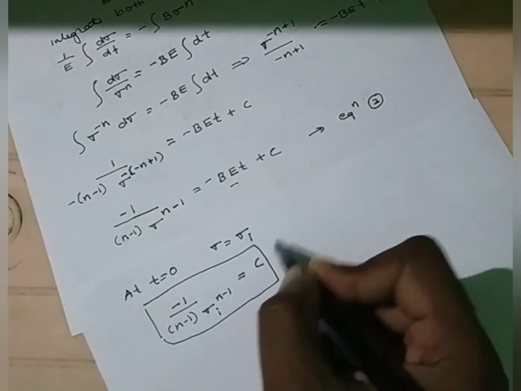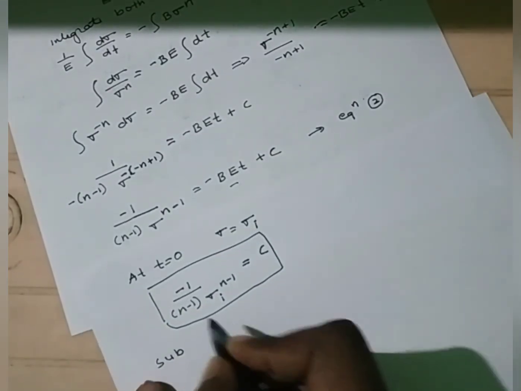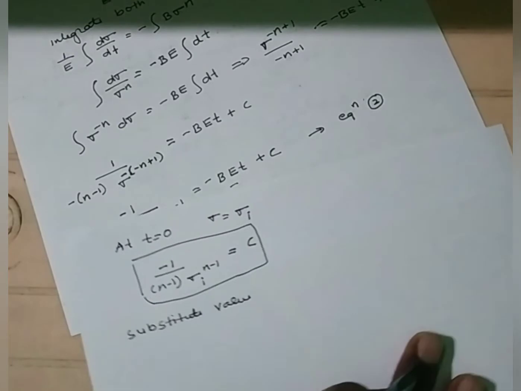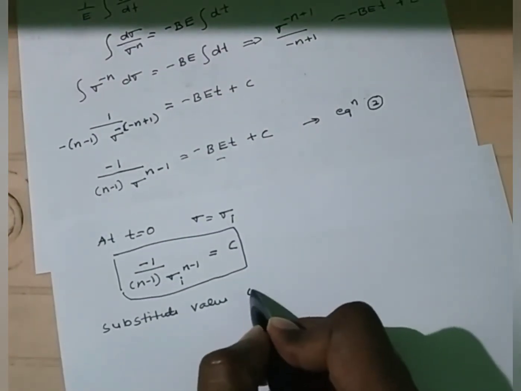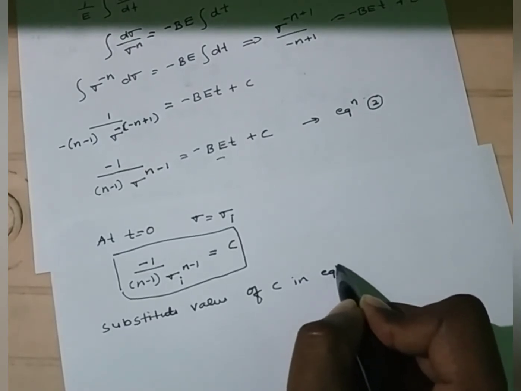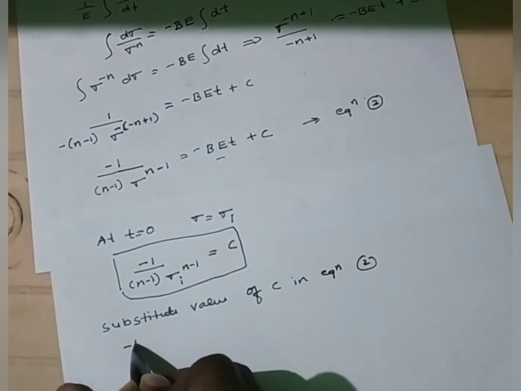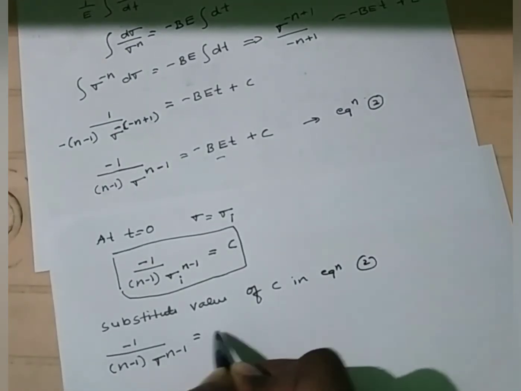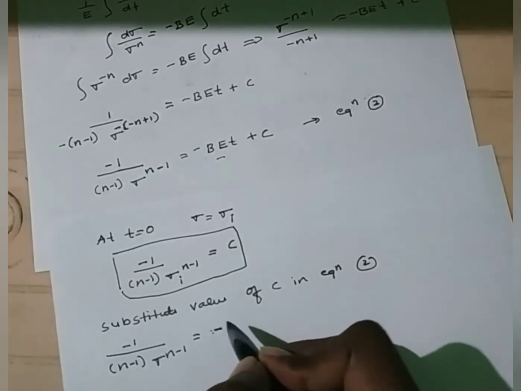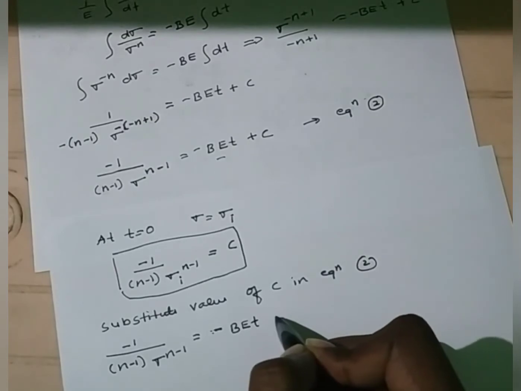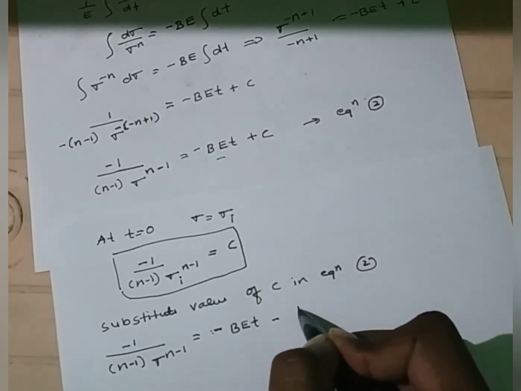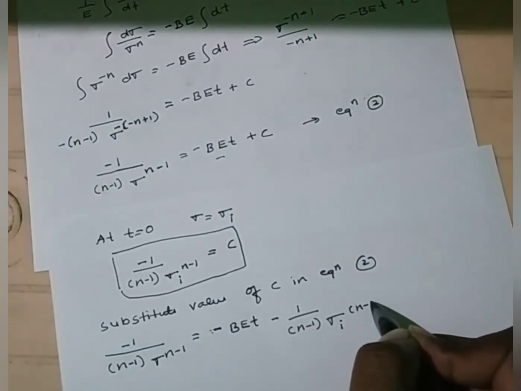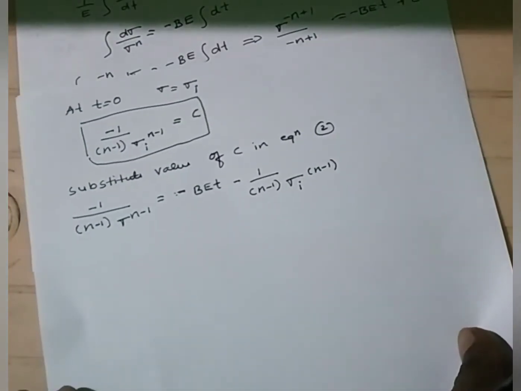Now substitute this value of C in equation number 2. Equation 2 is minus 1 divided by n minus 1 into sigma power n minus 1 is equal to minus Bt minus C. Minus C value is 1 divided by n minus 1 sigma i power n minus 1. Now simplify this equation.